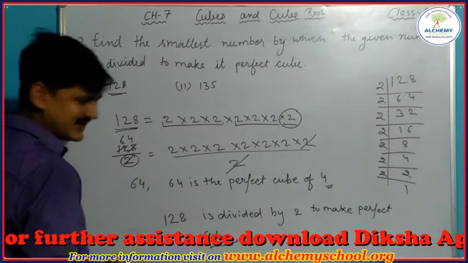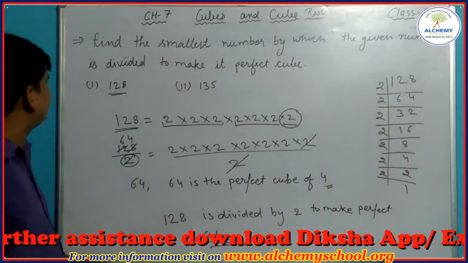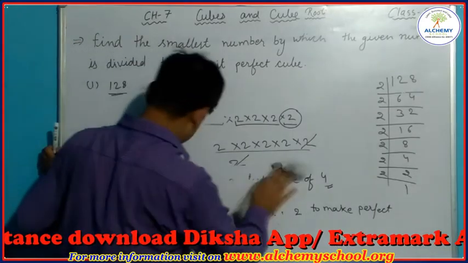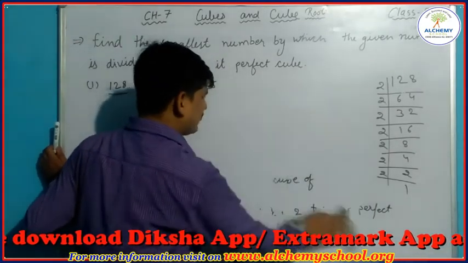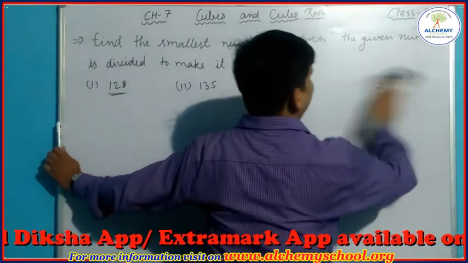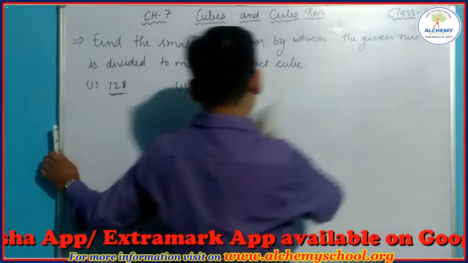Let's see the next example that I have taken here. The example is 135. The same procedure we have to apply here. We have to factorize 135 first, and then make the groups of same factors.